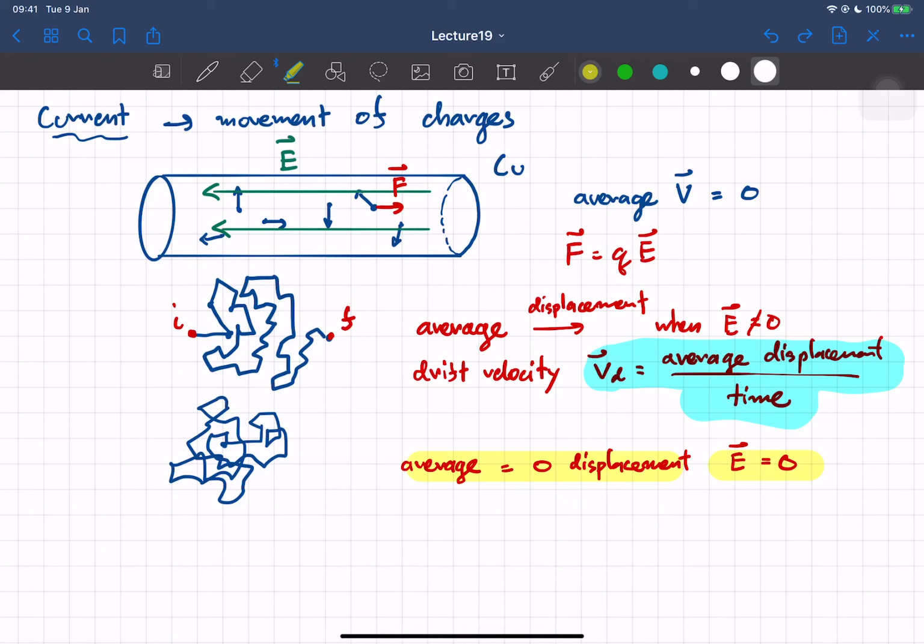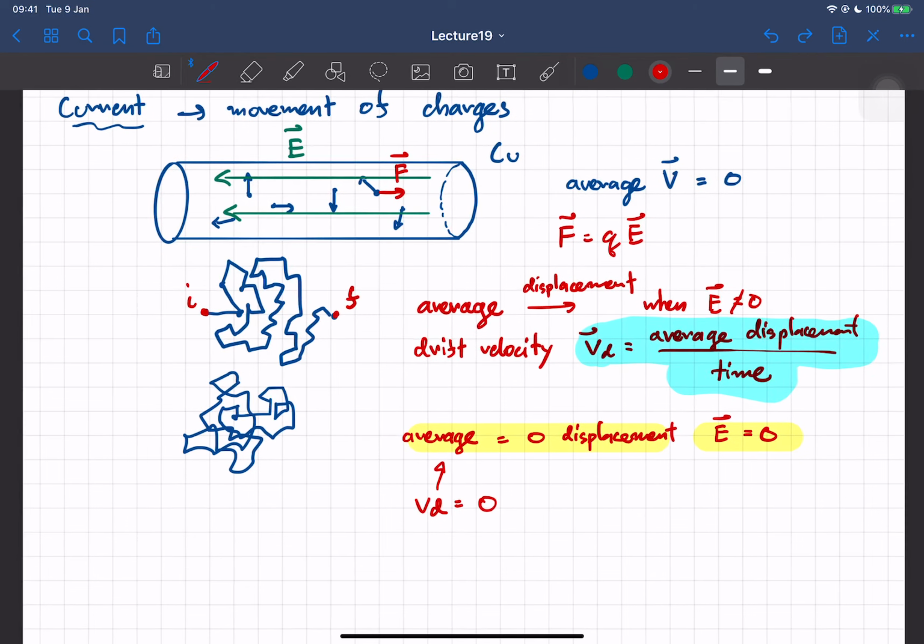So the drift velocity of the electron in this case is zero. Okay, so I can write in this case Vd equals zero because on average you have no movement of the electrons. But that doesn't mean the electron itself has zero velocity because the electron will just move randomly anyway, right? So we're not talking about that velocity. That's the meaning of the drift velocity, Vd here.